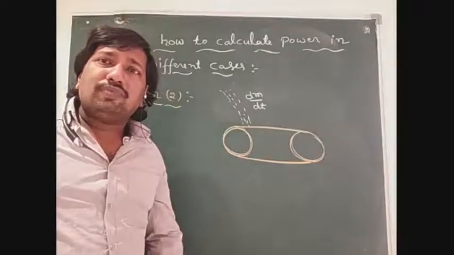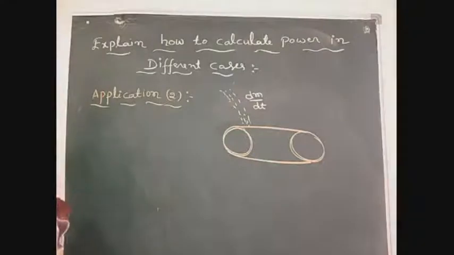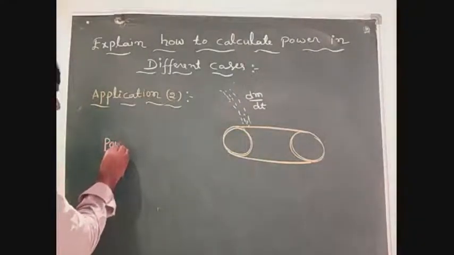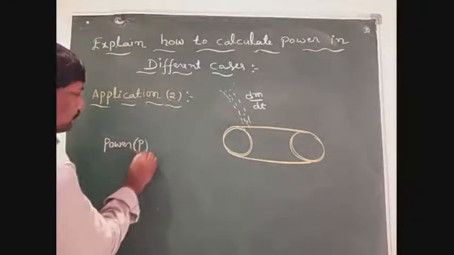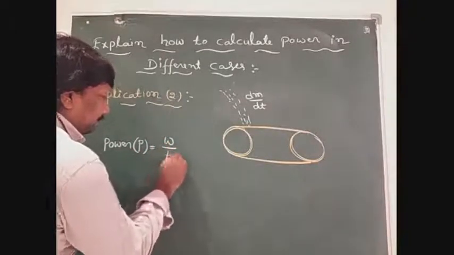So then the power of the conveyor belt P is equal to work done by time.